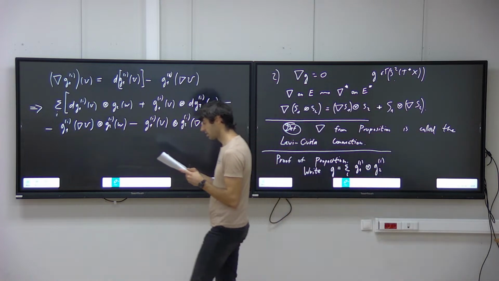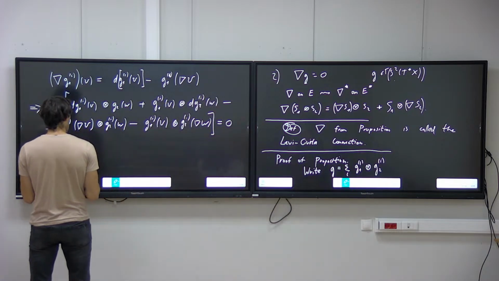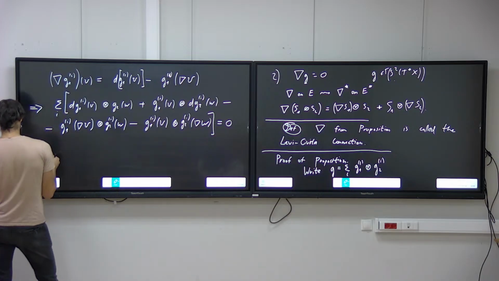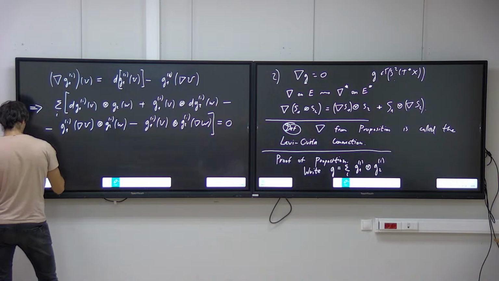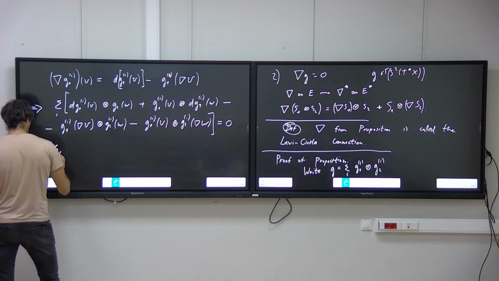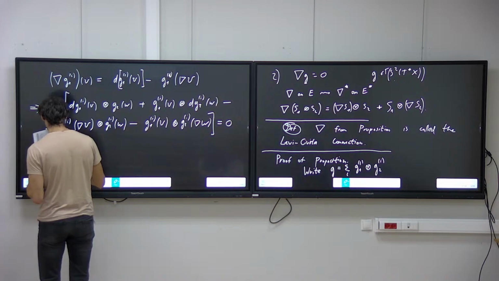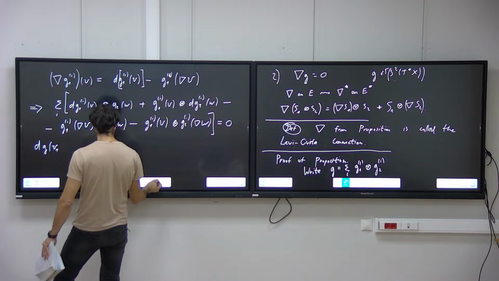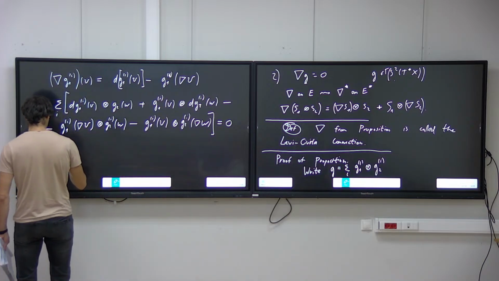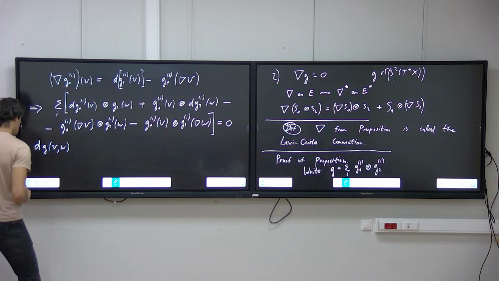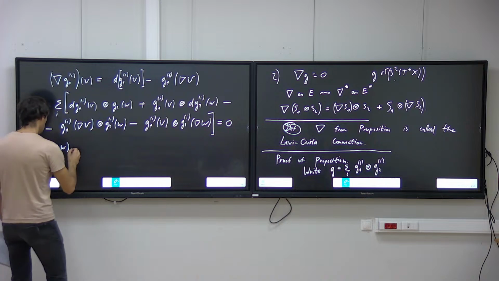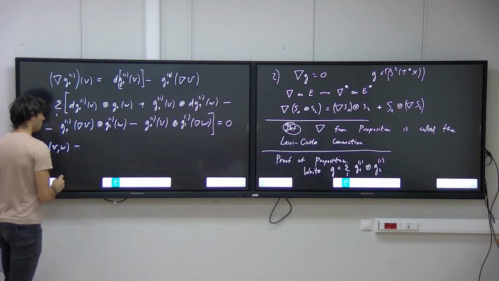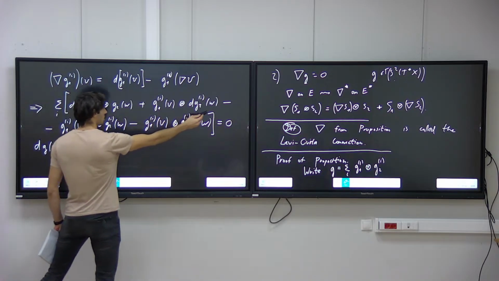On the other hand, I'm claiming that what's written here is that dg(V,W), so I'm rewriting this as follows: dg(V,W) is actually this thing.